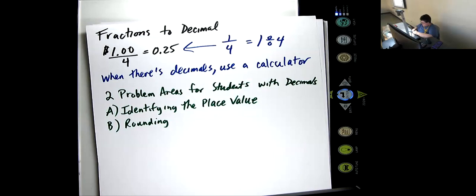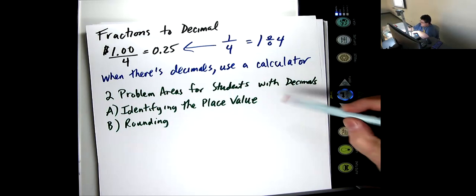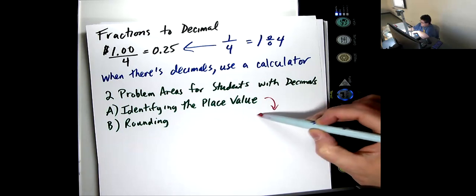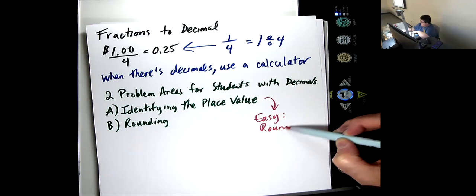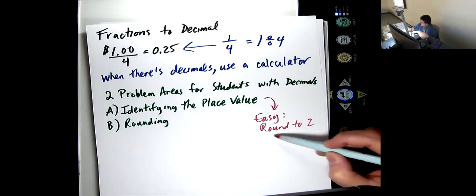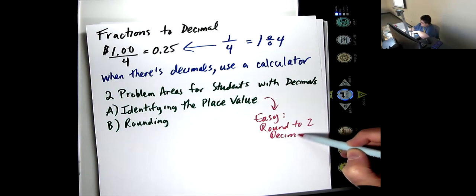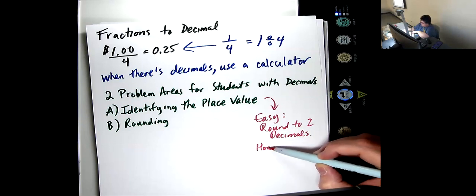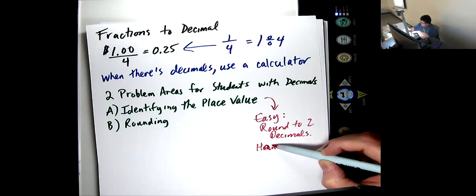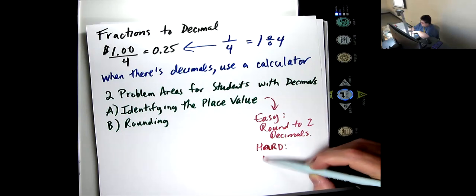The reason why I say identifying the place value is huge is sometimes they make it easy. The easy is where they say round to 2 decimal places. The hard way for students is when they say round to the hundredths place.